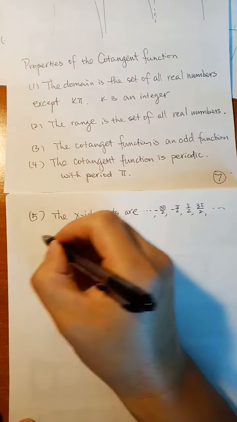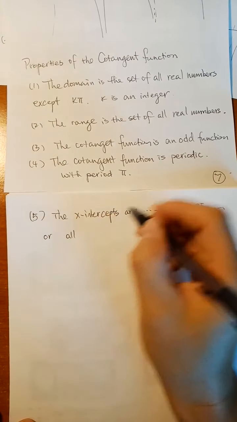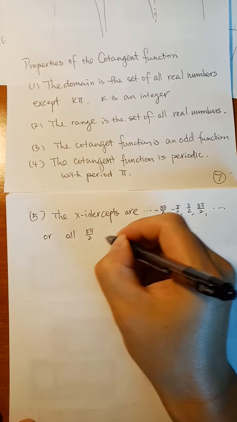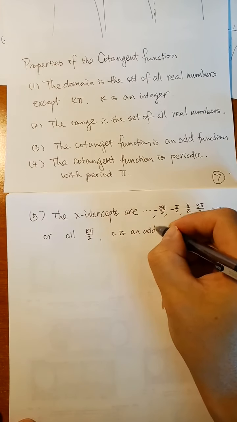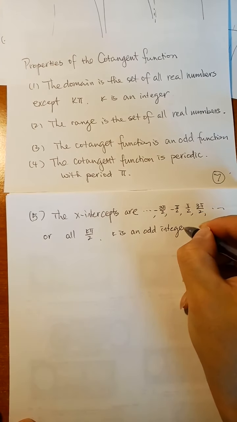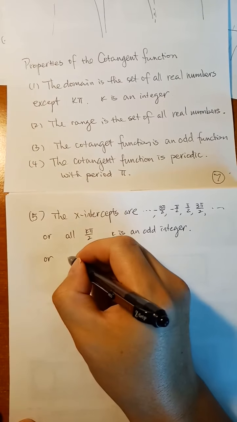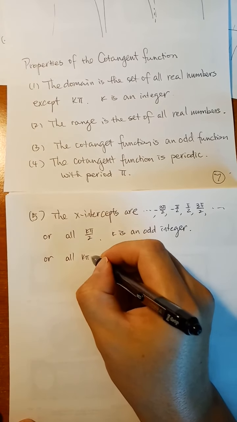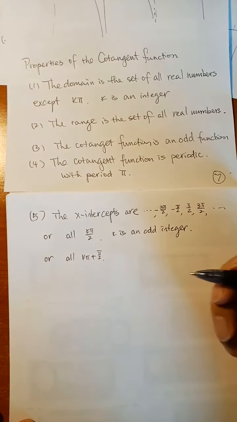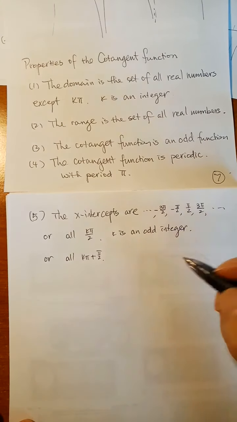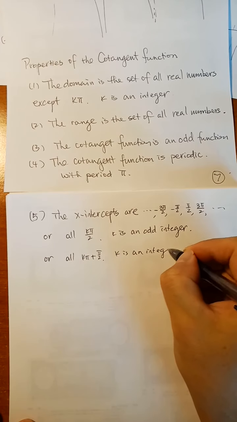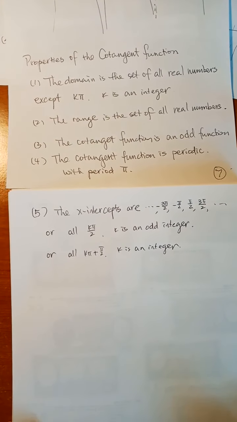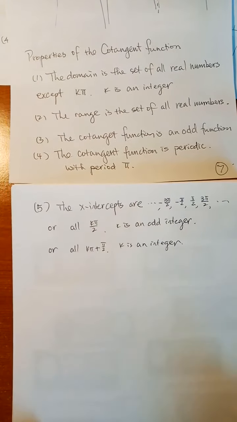You can say that all k pi over 2, k is an odd integer, or all k pi plus pi over 2, k is an integer. Either way, just pick up one representation, that's enough.